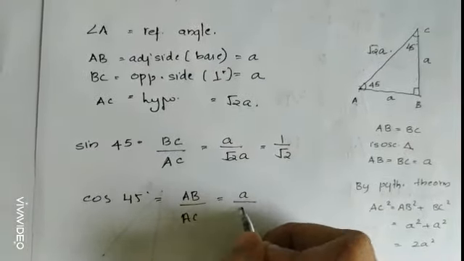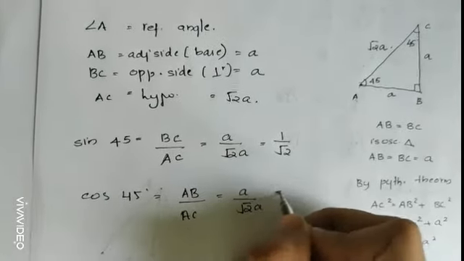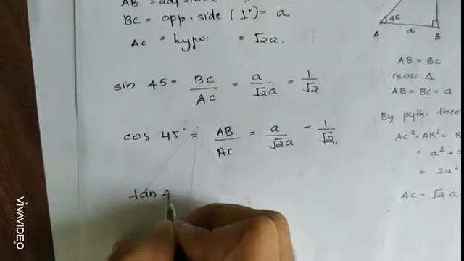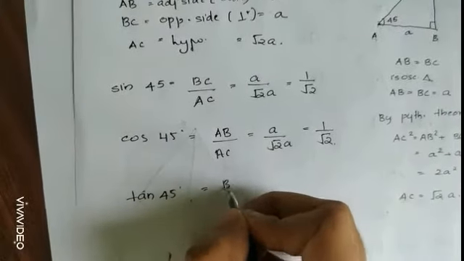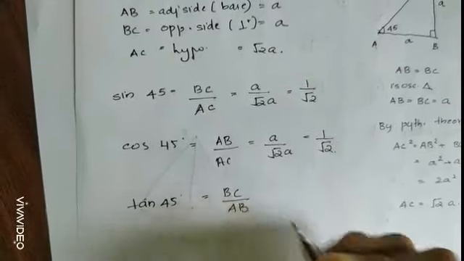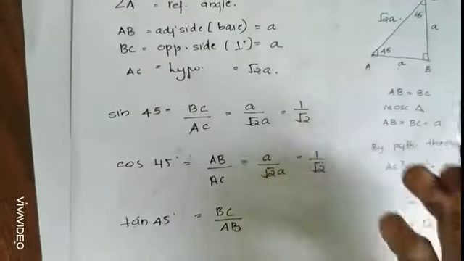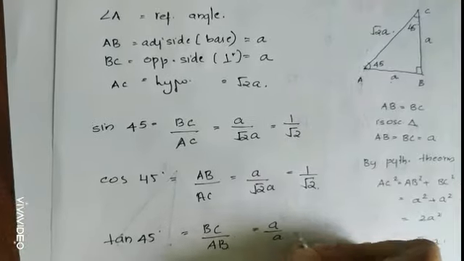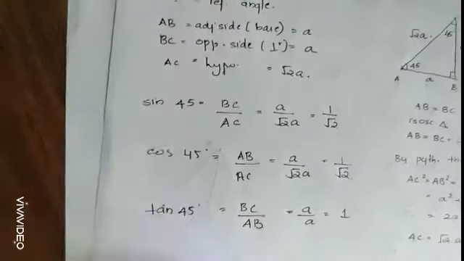So also A by root 2A equal to 1 by root 2. Now tan 45 is equal to BC by AB, that is opposite side by adjacent side. From the figure it is clear that both the sides are equal, therefore tan 45 is equal to 1.